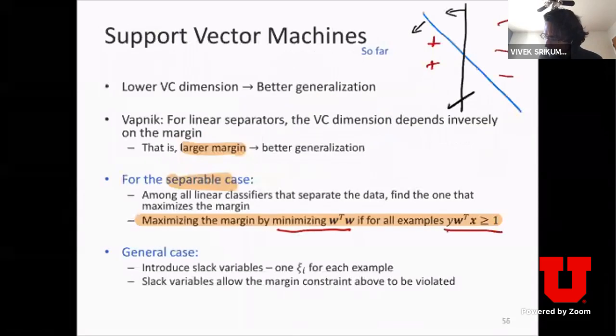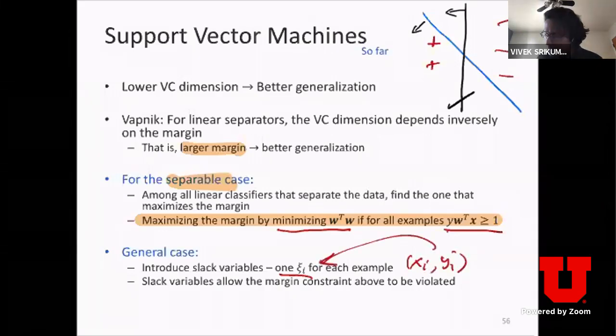The way we do that is by introducing a slack variable, one slack variable for each example xi, yi. For example xi, yi, we introduce a slack variable, and the slack variable says, instead of putting the example such that y w transpose x is greater than 1, we want it to be greater than 1 minus the slack.